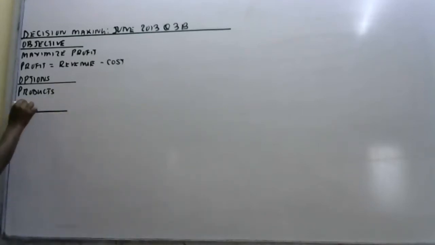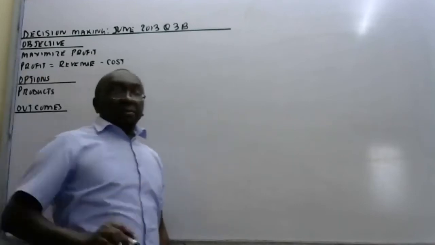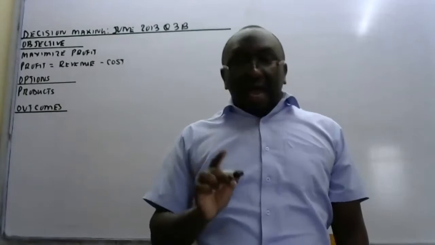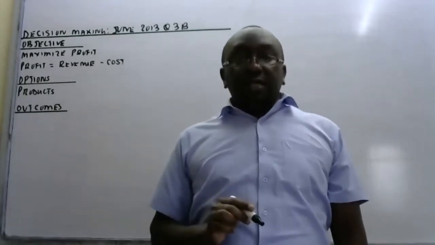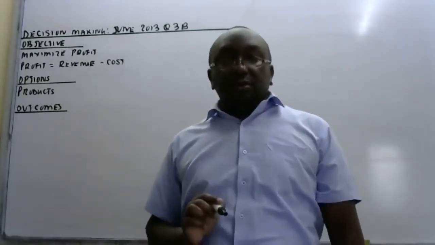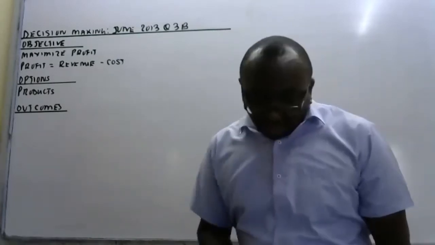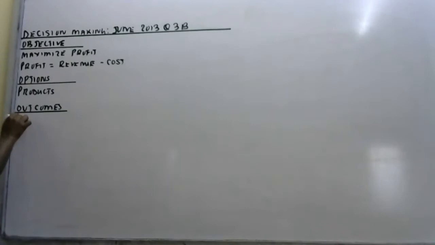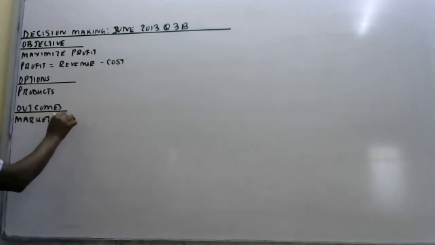Outcomes are also called states of nature, because they are beyond the control of the decision maker. What is beyond control here is market conditions.